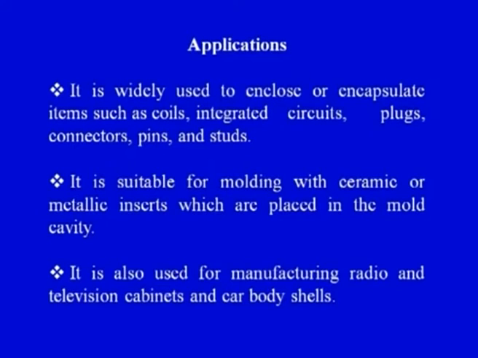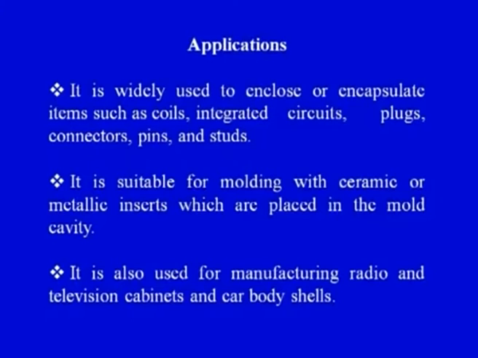It is suitable for molding with ceramic or metallic inserts which are placed in the mold cavity. As I have already mentioned, these inserts can be already placed inside the mold cavity and the plastic can flow from the transfer pot through the sprue into the mold cavity and fill the space lying vacant there, further encapsulating, or we can say enclosing, the metallic or the ceramic inserts.